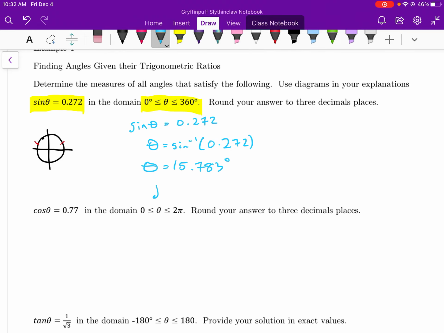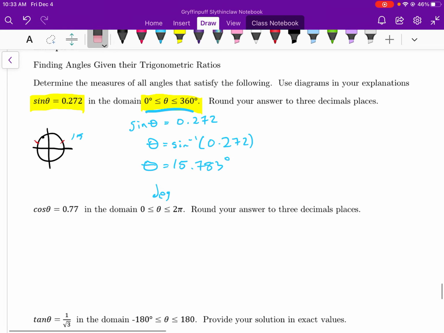Now, this implied that my calculator was in degree mode because my restrictions were in degrees. So that's really my quadrant 1 solution. My quadrant 2 solution would be 180 minus 15.783 degrees.